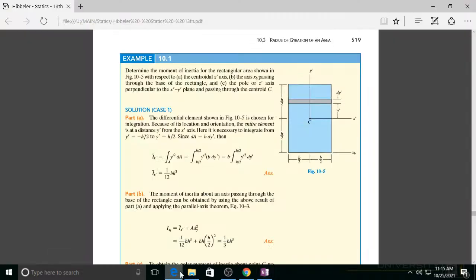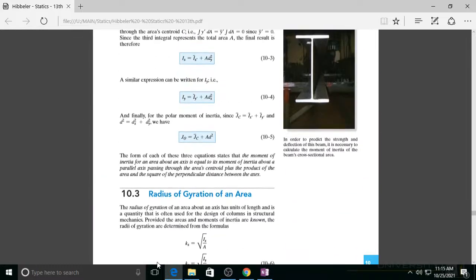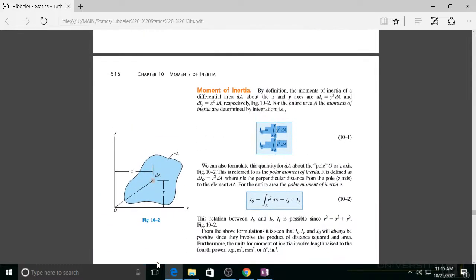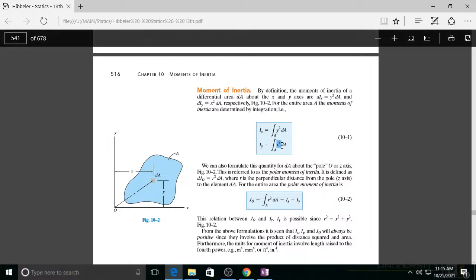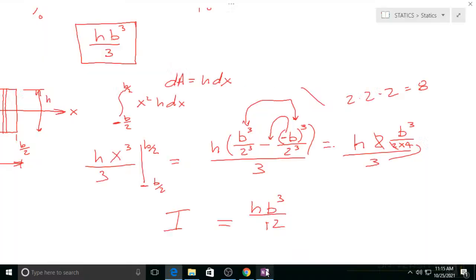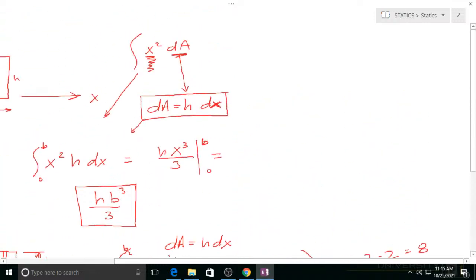Wrong thing. Let's go back. To here. So what I was actually solving technically was this.